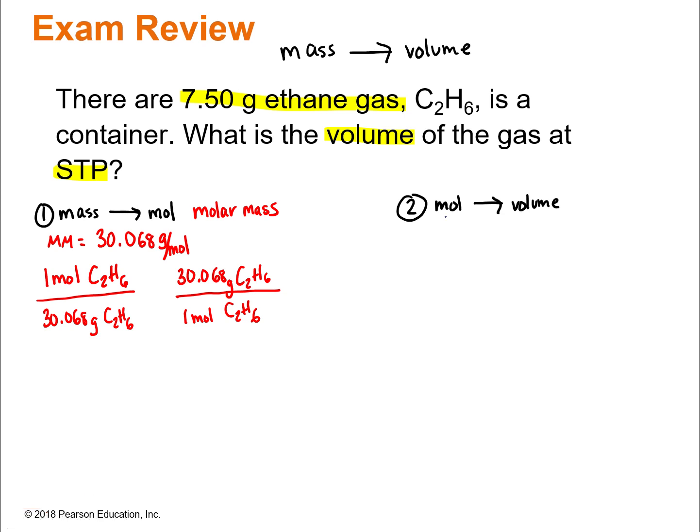Now to get from moles to volume, we have to use molar volume. That only works at STP, where 1 mole of gas has the volume of 22.4 liters.